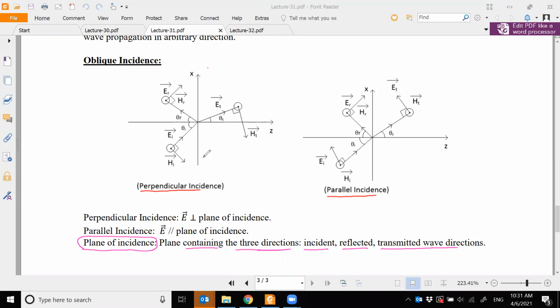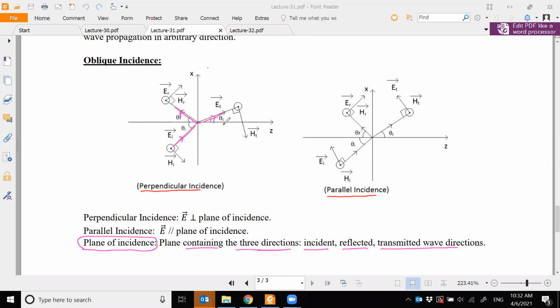So in this case, this is my incidence, right? This is my reflected, and this is my transmitted. In which plane do we have all these three directions? Yes, Ramzi, can you tell me?